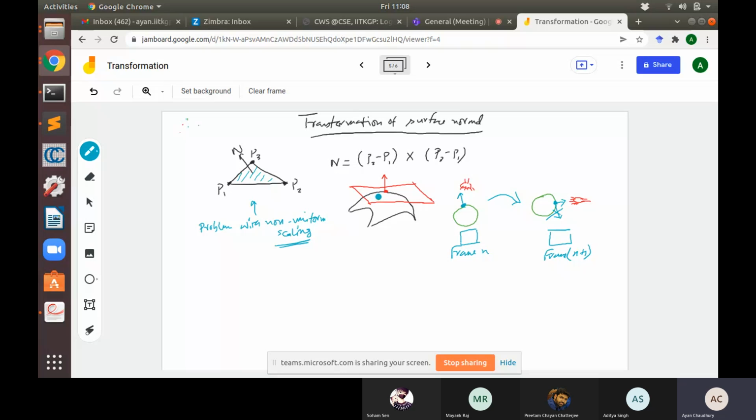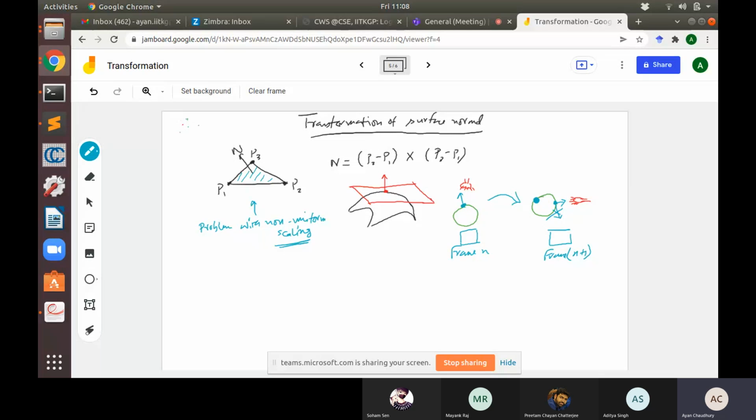So why is the transformation of surface normal important? Let's say you are trying to do lighting in your code. The surface normal points in this direction for this sphere in some frame, or you are trying to do animation. In the next frame, we are transforming all these elements, the light source and also the object.